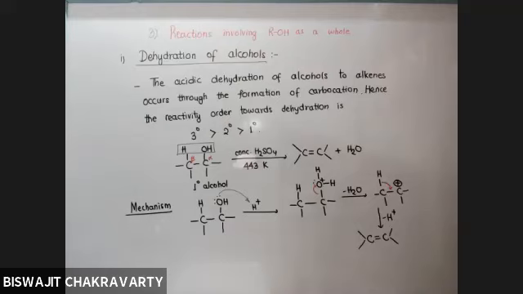Yes, the carbon containing lesser number of hydrogen will try to give away the hydrogen. Or in other words, can we say that if there is a possibility of formation of more than one type of alkene, the most substituted alkene will be the major product? Can we say that?